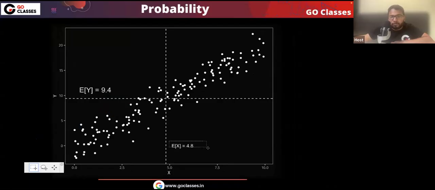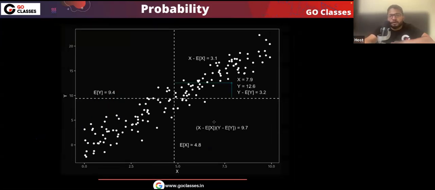But you want to calculate the covariance. Covariance is a quantity which says x minus Ex into y minus Ey. For example, I take one point here. You need to take all the points, I'm just showing you for one point.